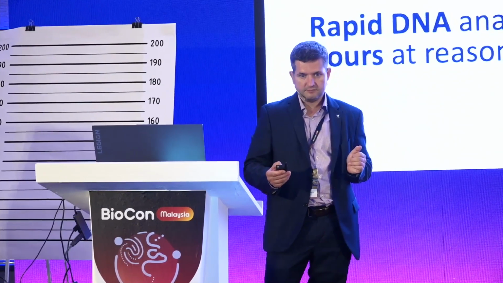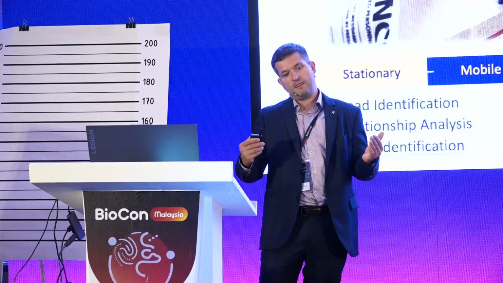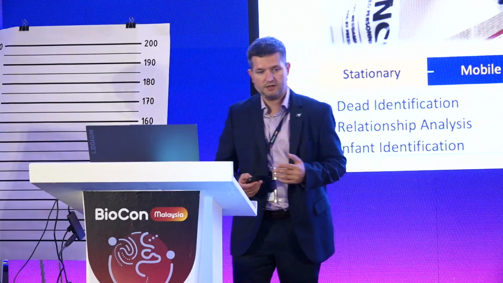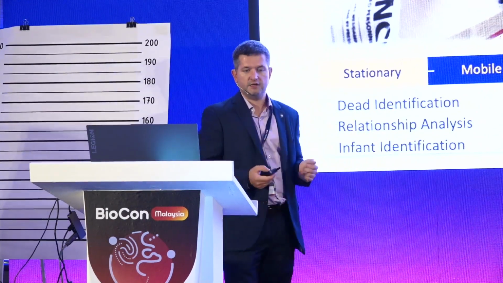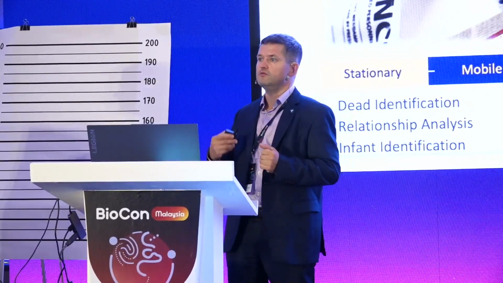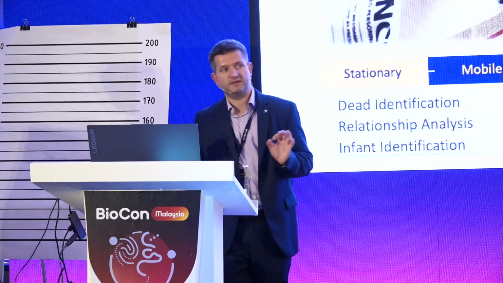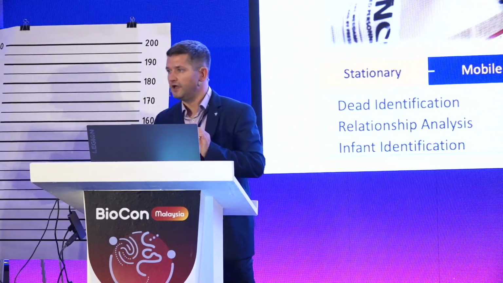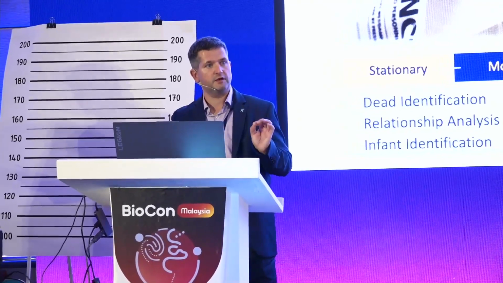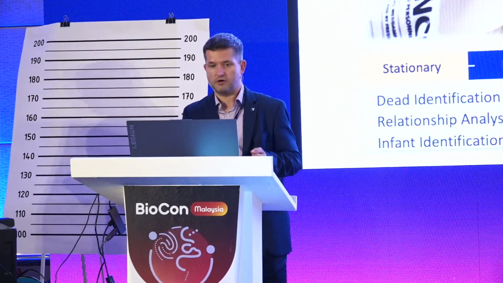So what is DNA good for? You can use it for identification of dead bodies. You can do identification of infants. Maybe you don't know that, but it's quite difficult to identify infants with fingerprints. So DNA is the way which will definitely work.